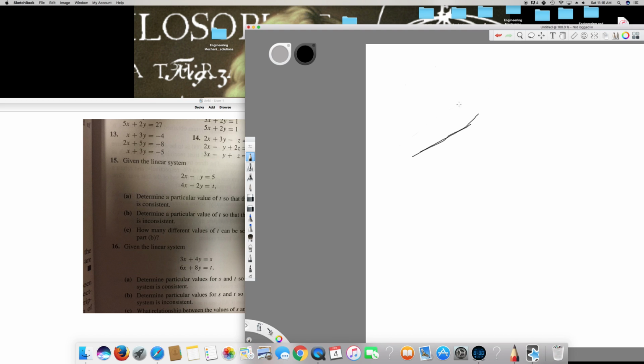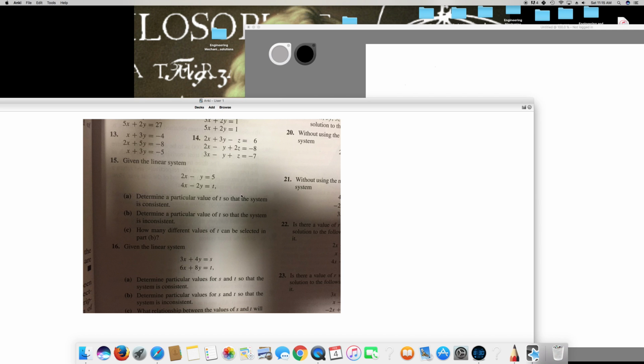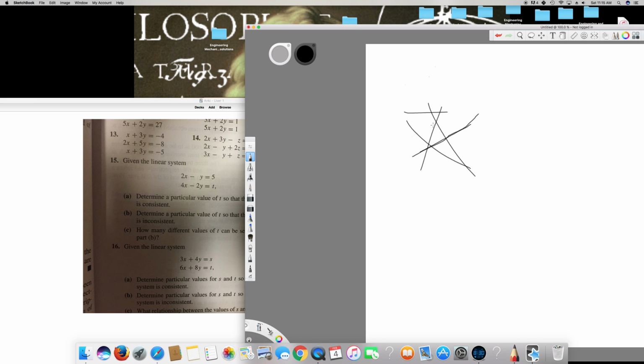Otherwise the lines will cross with each other, or sometimes go parallel or something like that. So whatever the value except the coincidence is going to be inconsistent. Therefore, t is not equal to 10, whatever value without 10, it's going to be inconsistent.